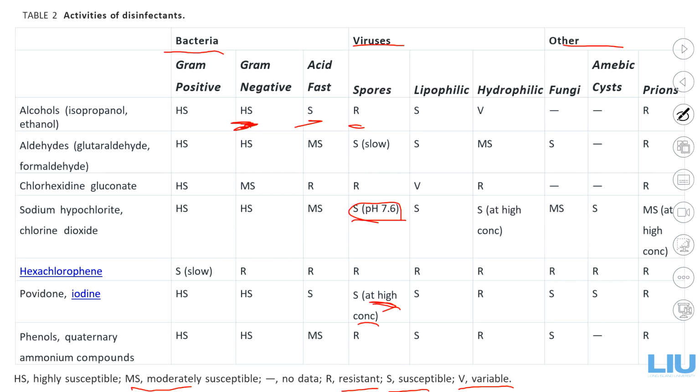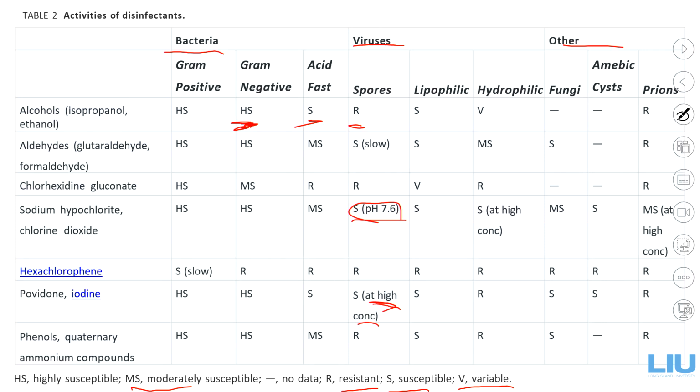Also, different concentrations of these agents could have effects on certain organisms. So for some organisms, as we will see soon, you have to give higher concentrations to achieve the effect. Others would need lower concentrations. And then finally, the pH of the environment also affects the action of these agents, okay?